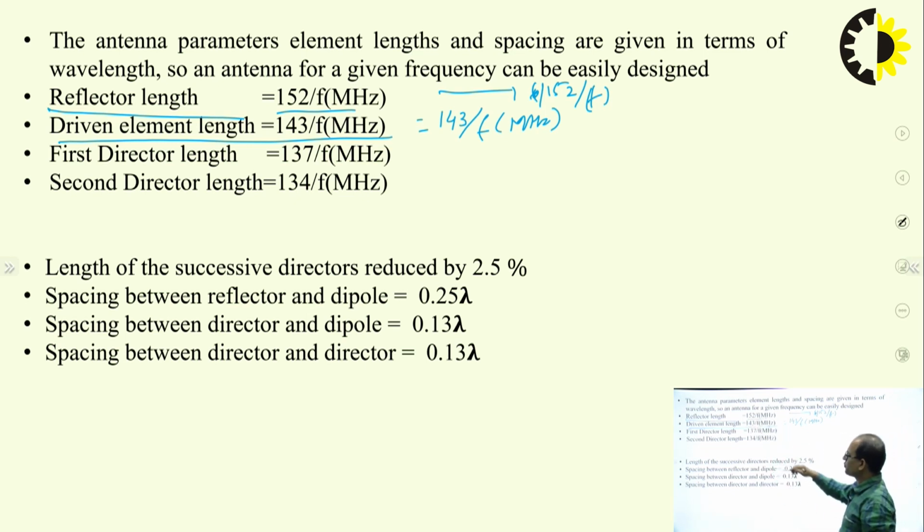Then the output will be in meters. Clear? The first director length will be 137 by f and the second director length is 134 by f.